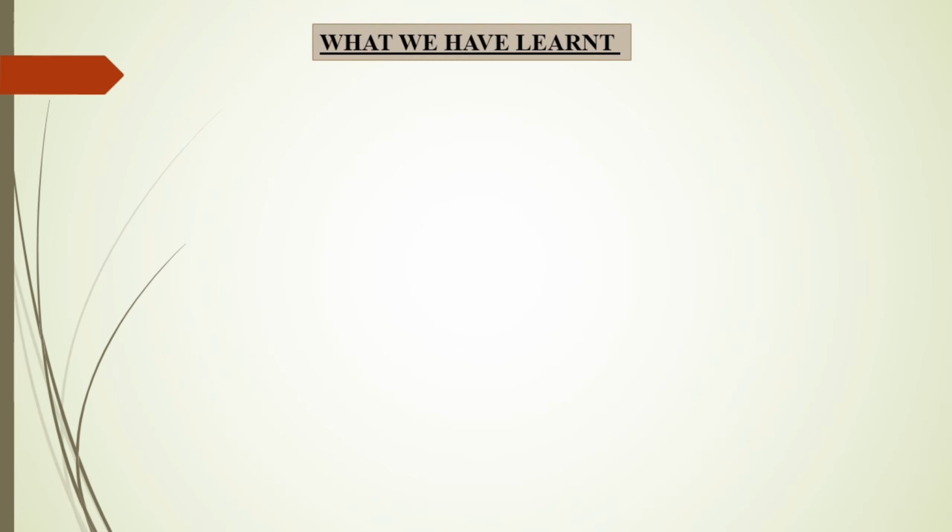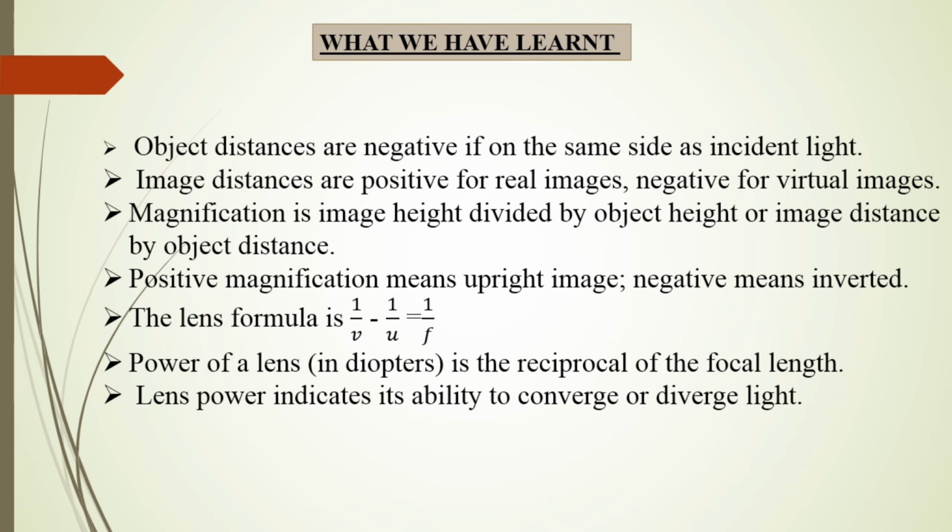So what we have learned so far: object distances are negative if on the same side as the incident light. The image distances are positive for real images and negative for virtual images. Magnification is the image height divided by the object height, or we can consider image distance by object distance. The positive magnification means upright image, negative means inverted.